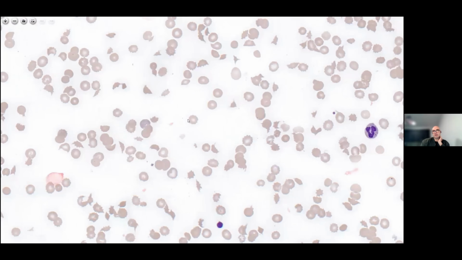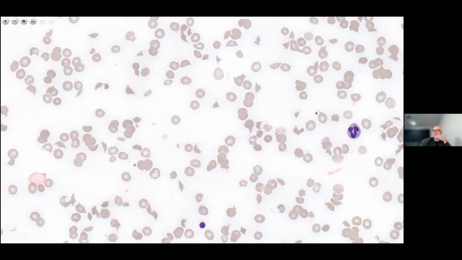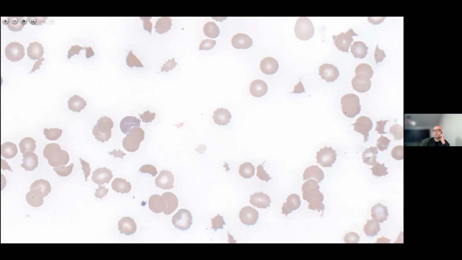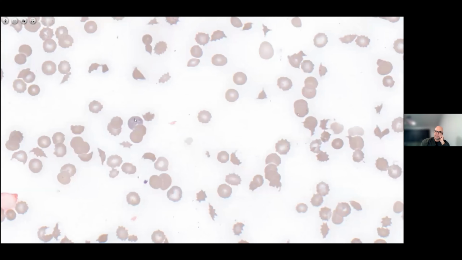Reviewing polychromasia: polychromatic cells are red cells that have a purple appearance, with basophilic and eosinophilic staining characteristics due to the higher RNA content of the cell. And they're immature red cells. In the red cell maturation sequence in the marrow, you have erythroblasts. They mature down into nucleated red cells.